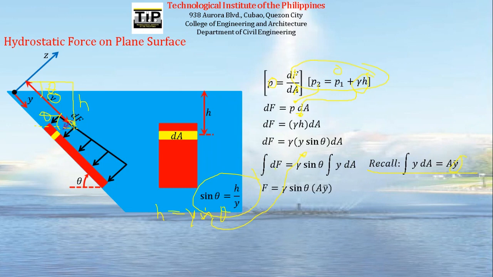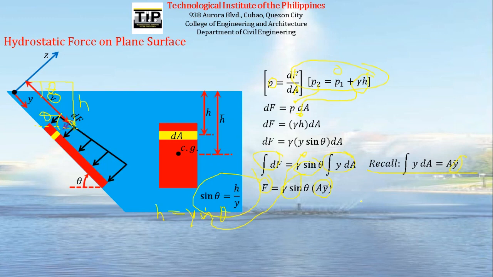So therefore, this will become F. This will be retained. And this will become area times Y bar.